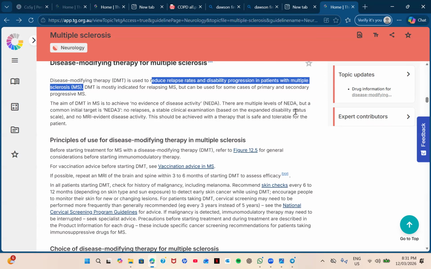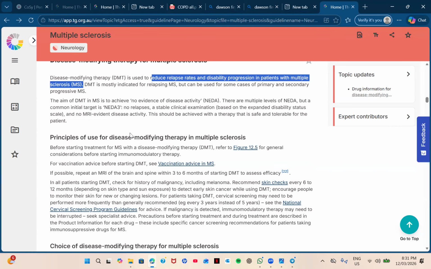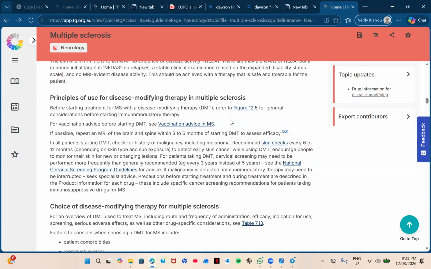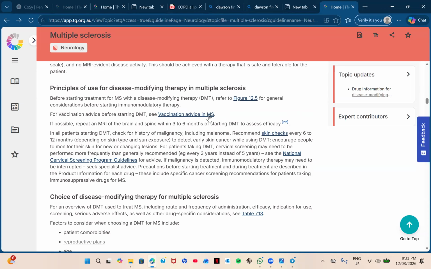There are multiple levels of this NEDA, but a common initial target is, just remember, to prevent the relapses, okay? Otherwise, I don't want to fill your brains with unnecessary things, right?